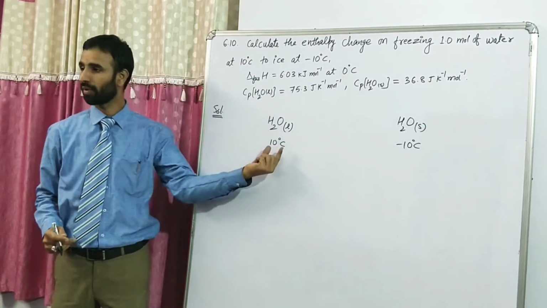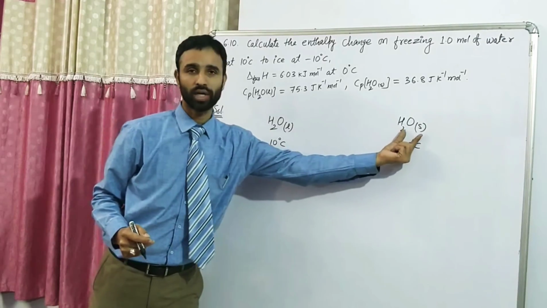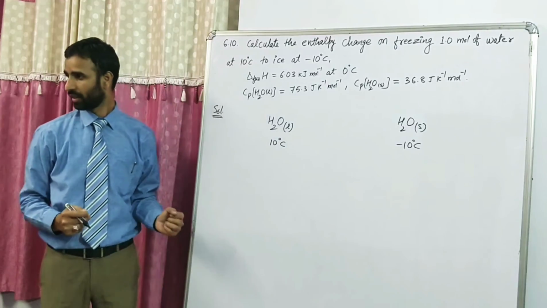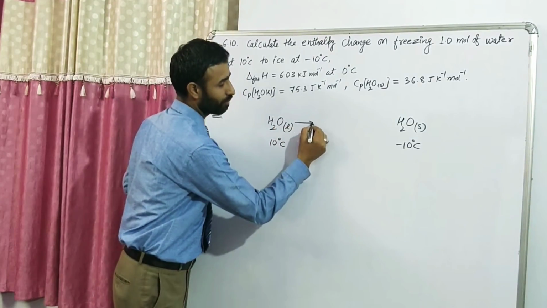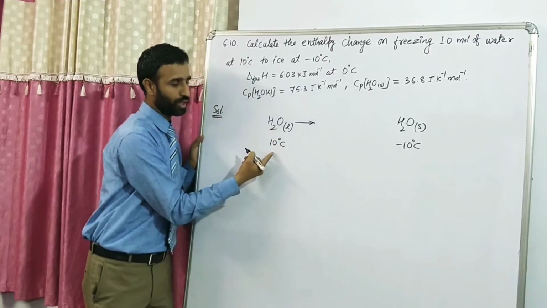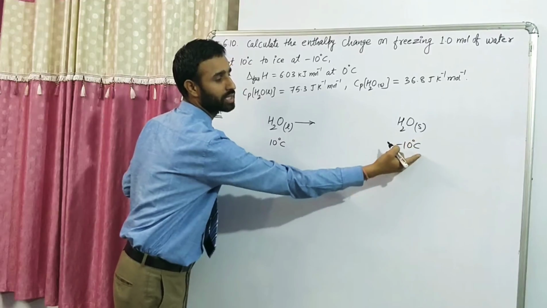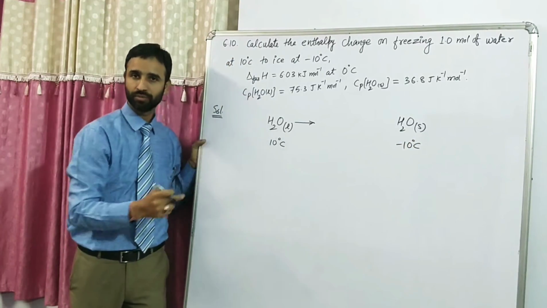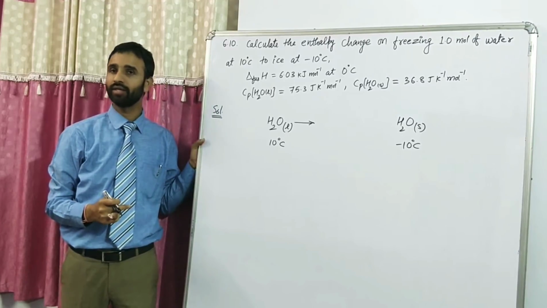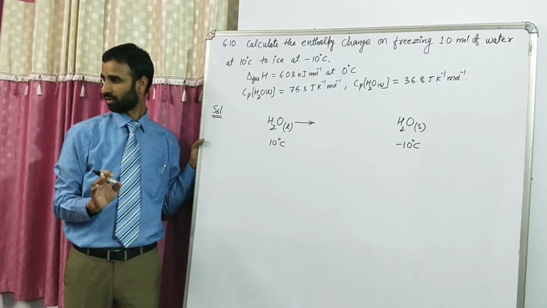We have to go from H2O liquid at 10 degrees Celsius to H2O solid at minus 10 degrees Celsius. And while going, at what temperature is there a phase change? At 0 degrees Celsius.